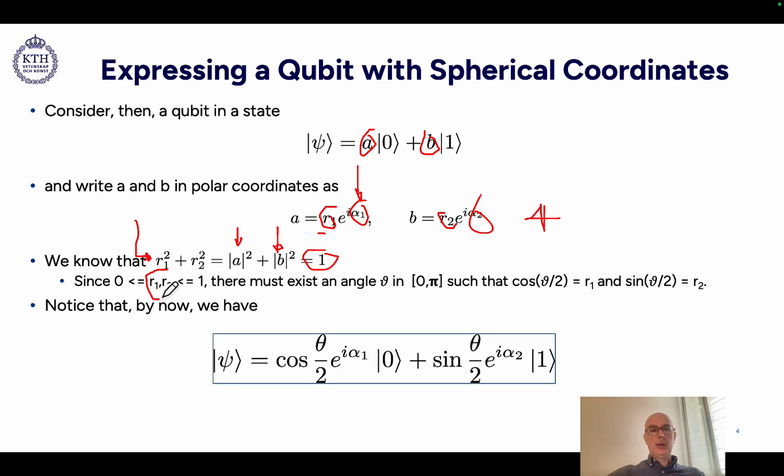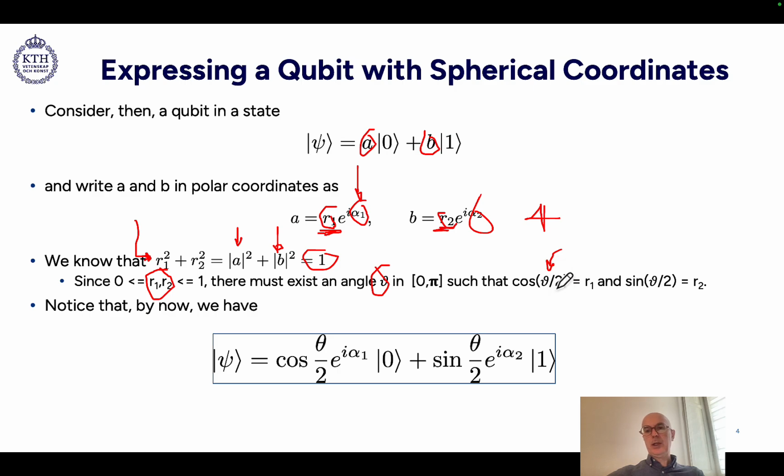Because R1 and R2 must be less than or equal to 1 and greater than or equal to 0, we can always find an angle theta such that we can express the magnitudes of the complex numbers using an angle theta.